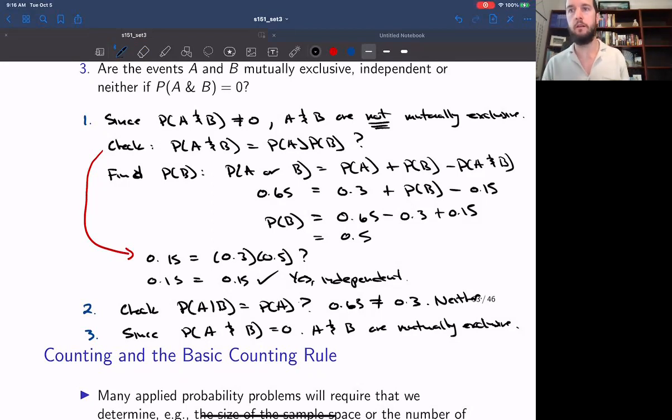Yes, they would be considered dependent. Kareem, so if the set equals 0, then it's always mutually exclusive. If the intersection between 2 events is the null set, or the probability of the intersection between 2 events is 0, then they are mutually exclusive.